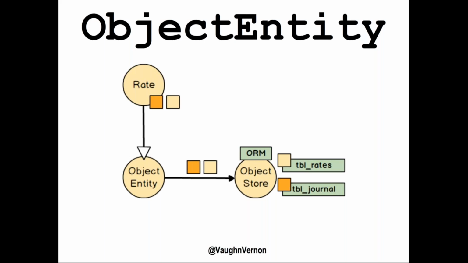in the database. This is an OR mapping or object relational mapping type of storage. And so you can see in the rates table that this is where the entity state would go. And so you would map your object to the relational table rates.